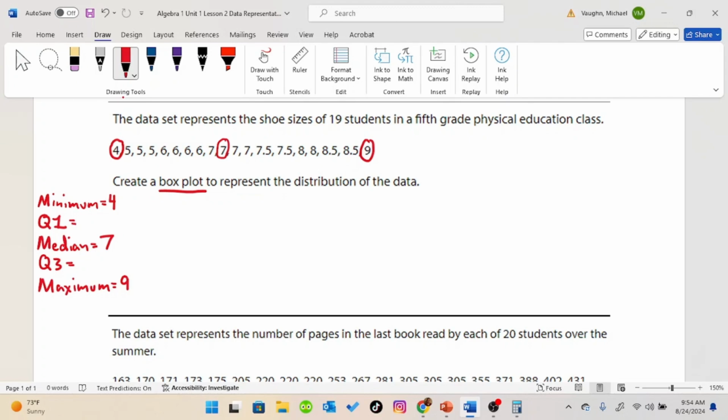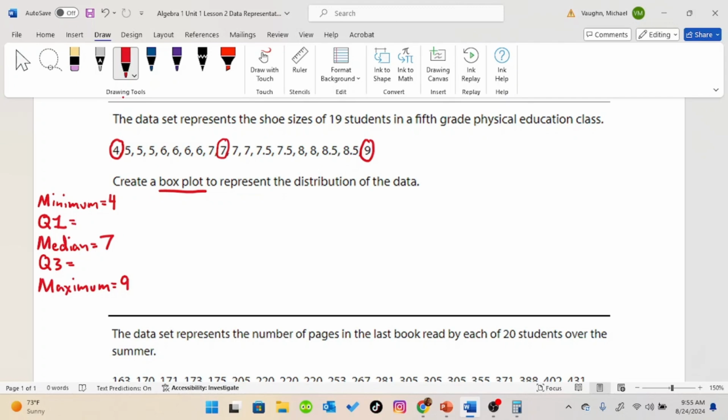Now to find Q1, I need the number that is in the middle of the left side. So if we look, we have 1, 2, 3, 4, 5, 6, 7, 8 numbers in between the minimum and the median.